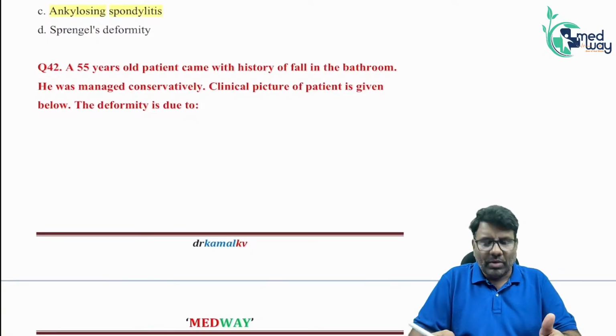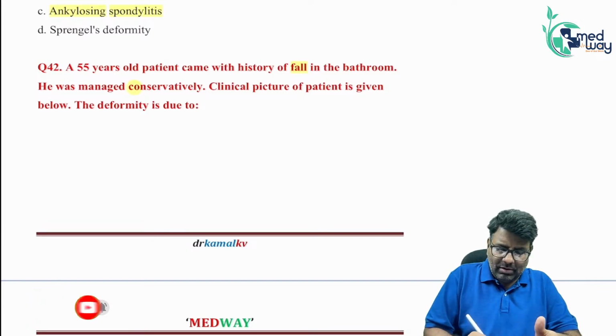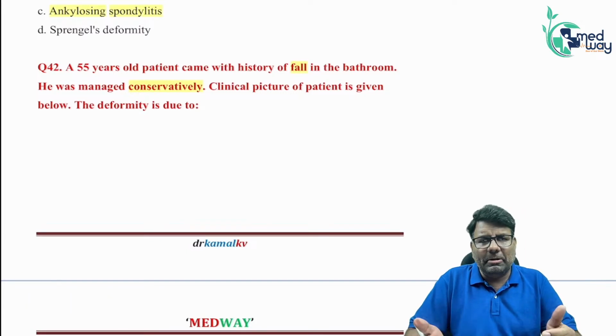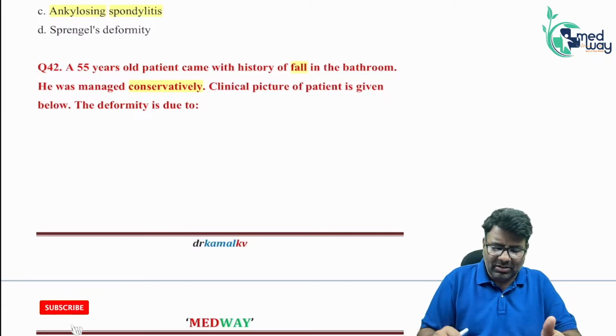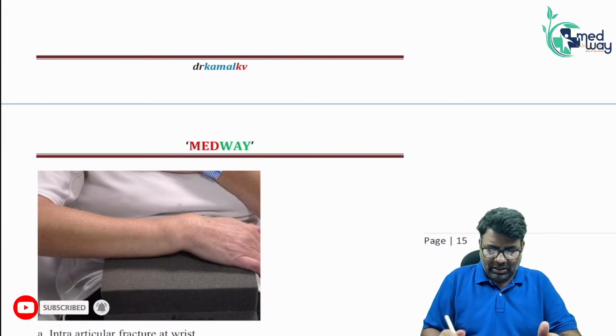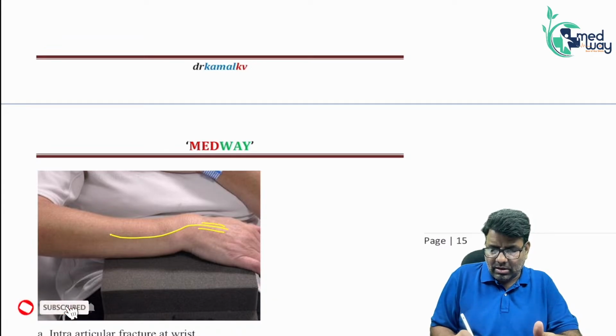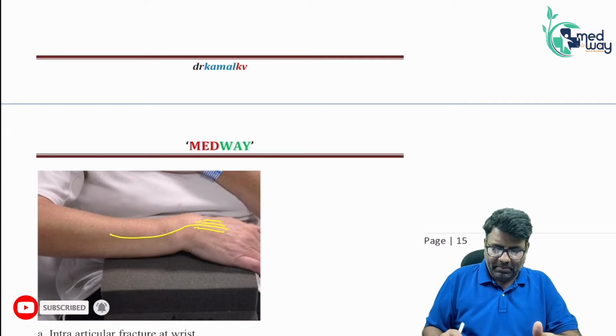The next question: an elderly patient came with a history of a fall in the bathroom, and was managed conservatively with plaster of Paris, and then presented late with this deformity. If you see something like this, it looks like a classical dinner fork deformity, right?